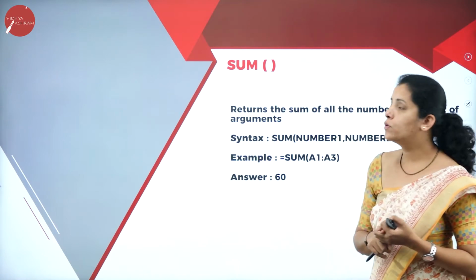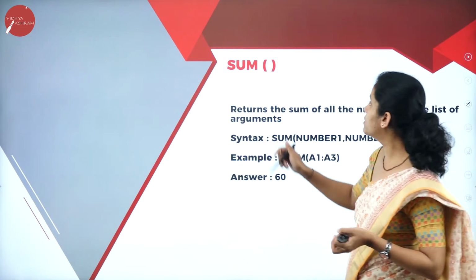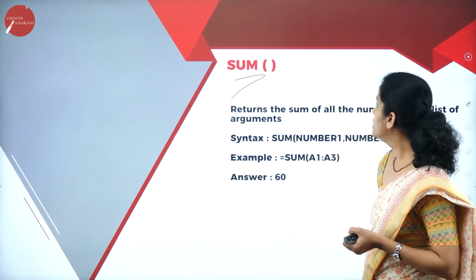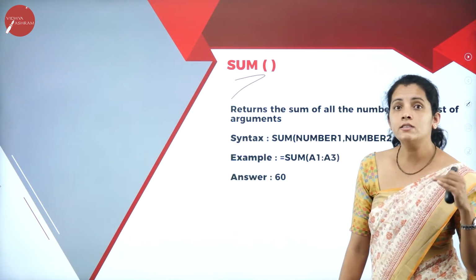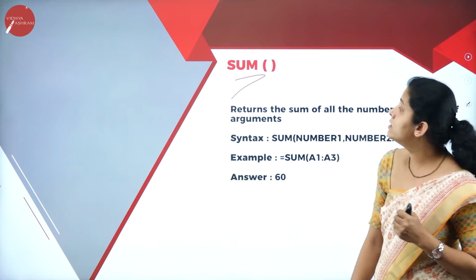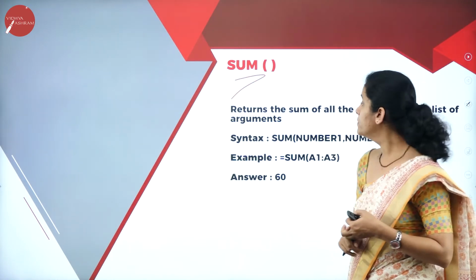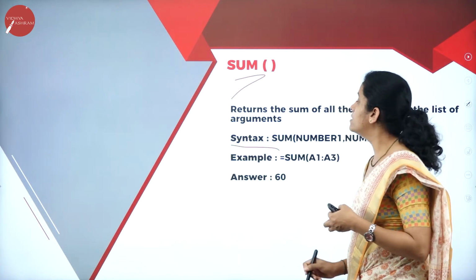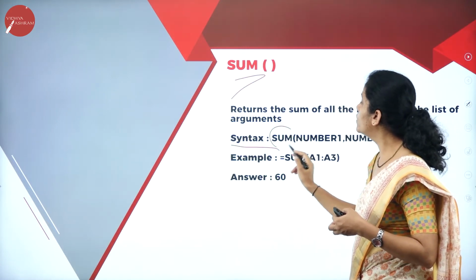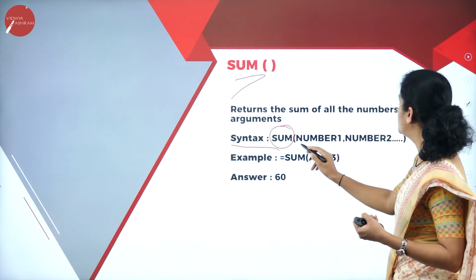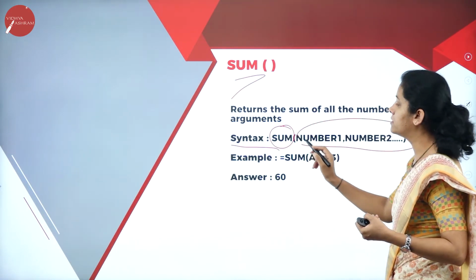Moving further, I'm going to have the function called summation, that is nothing but sum. To find the sum of given numbers, I have the built-in function called sum. What is the syntax here? I have the function name sum, and I pass the numbers.